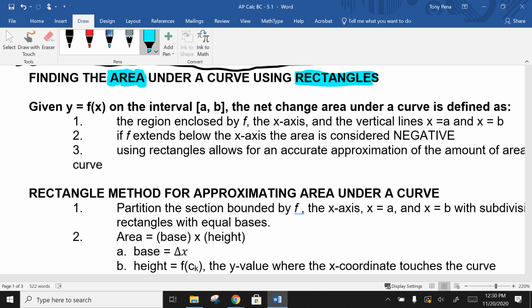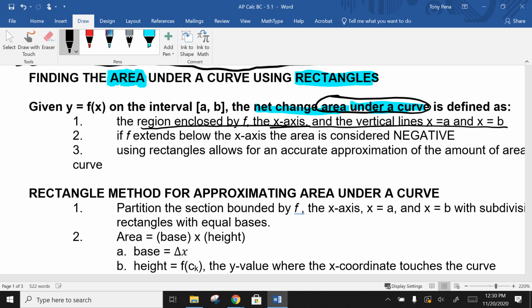Okay. So it says if I give you some function on a closed interval A to B, then we start talking about the net change in that area under a curve. So if I ever ask you to find the area under a curve, that will always be defined as the region enclosed by the function and the x-axis, and then whatever the vertical lines created by our limits are.